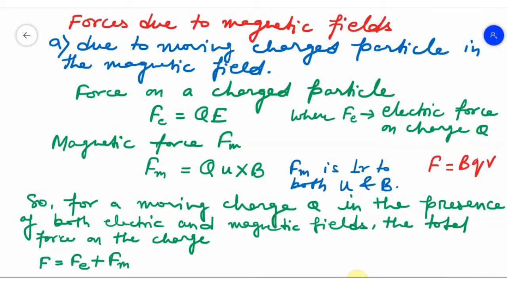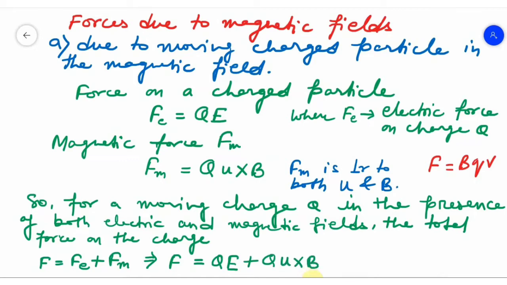Fe is the force on the charged particle under the influence of the electrostatic field, and Fm is the force on the charged particle moving under the influence of the magnetic field. If we put in the values, in place of Fe we write Q E, and in place of Fm we write Q u cross B.